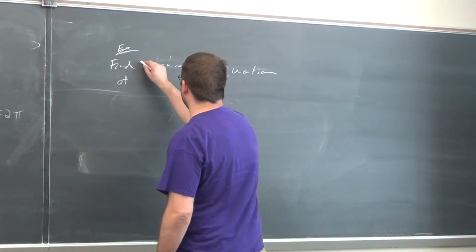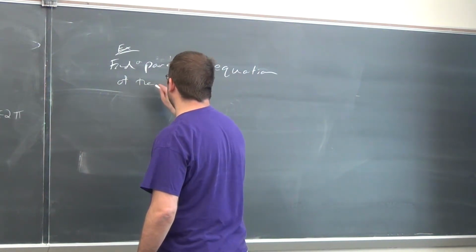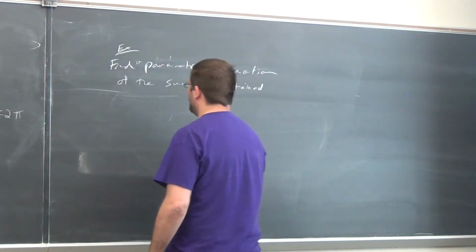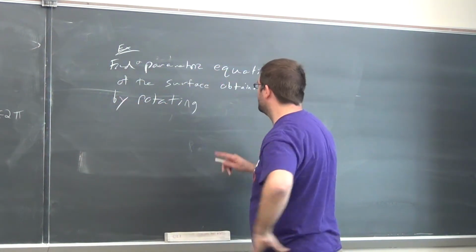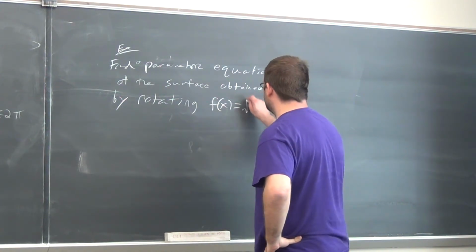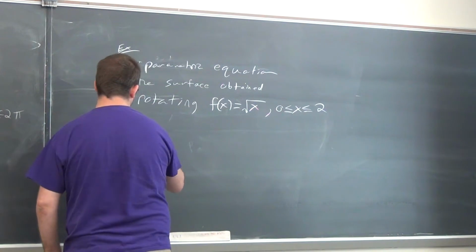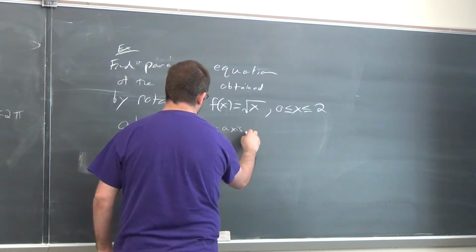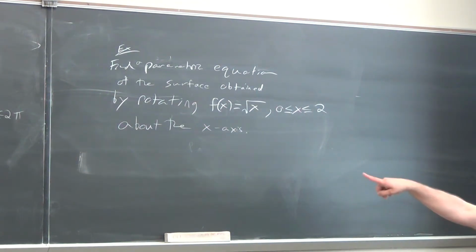Find a set of parametric equations for the surface obtained by rotating f of x equal to the square root of x, and let's say x ranges from 0 to 2, about the x-axis. All right. So follow what we just said, the equation should look like, and once you get it, I'll plug it in here and we'll see what that looks like.